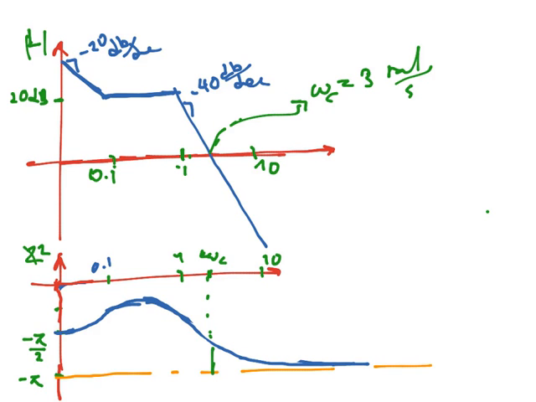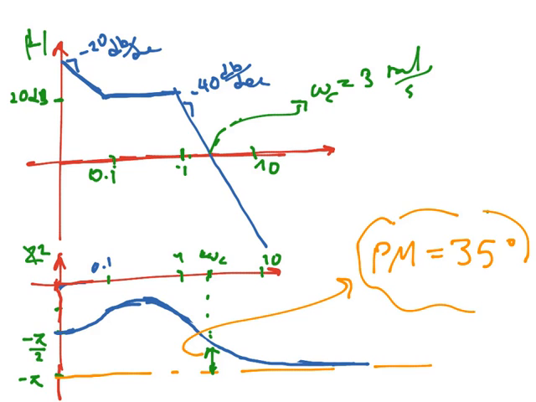At this frequency, this will provide us the phase margin, which you can double check. The phase margin in this case is equal to 35 degrees, which is already a satisfactory value. The cutoff frequency is still ω_c equal to 3 radians per second.